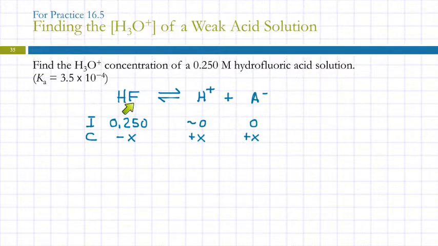So when one molecule of HF ionizes, we get 1 ion of H plus and 1 ion of A minus. And then at equilibrium, the acid will be 0.250 minus X, and each of these will be X.